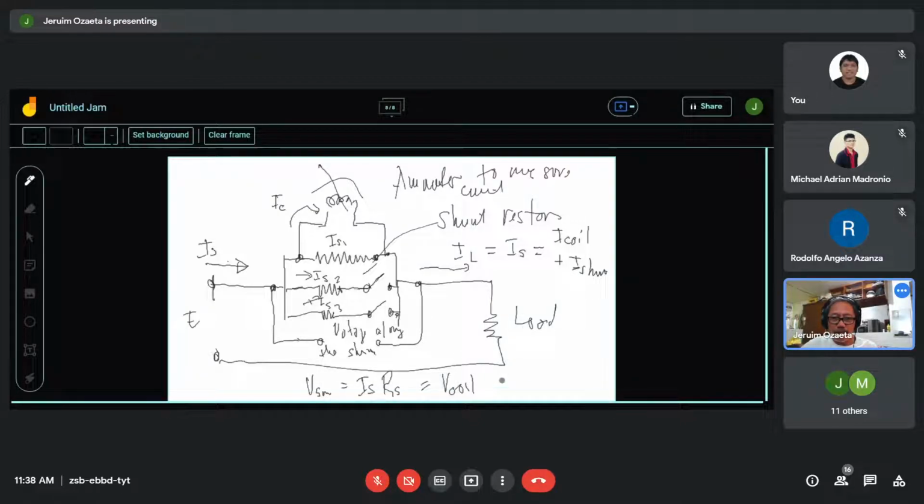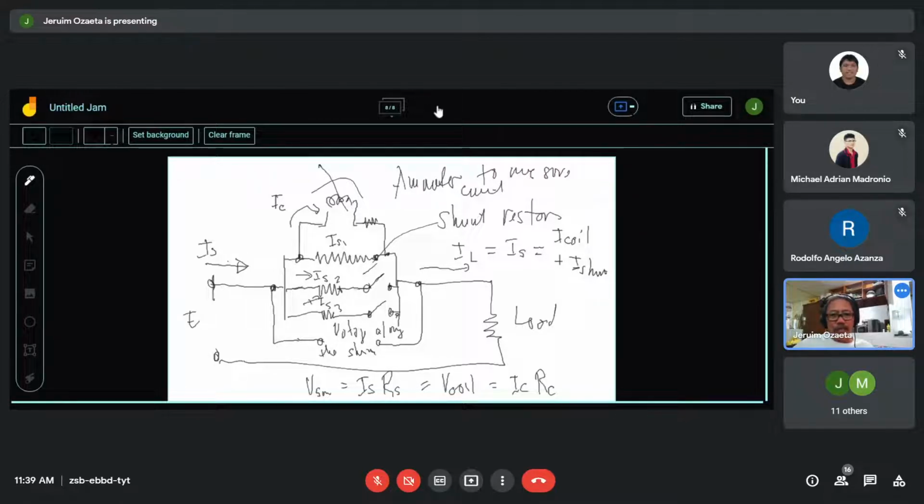So this is equal to the current at the coil times the resistance of the coil. Remember that the resistance in the coil here is a direct current resistance. Or as a matter of fact, you can insert a resistor here in order to increase the potential drop across it so that you can measure the voltage with higher value.